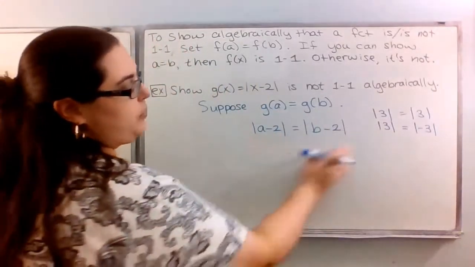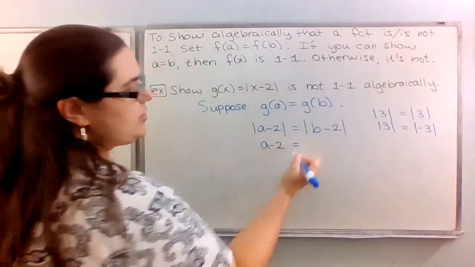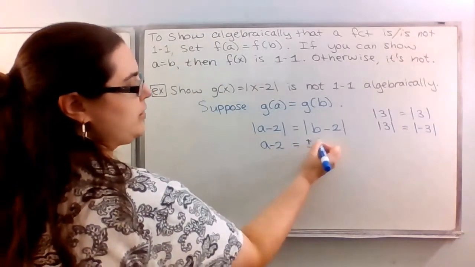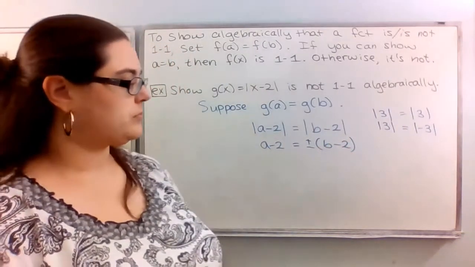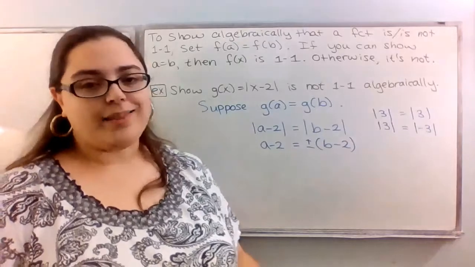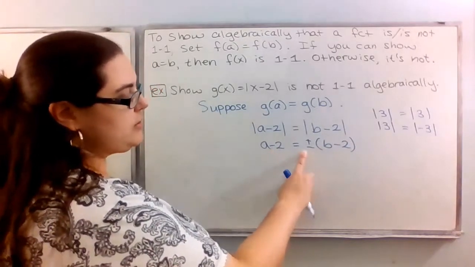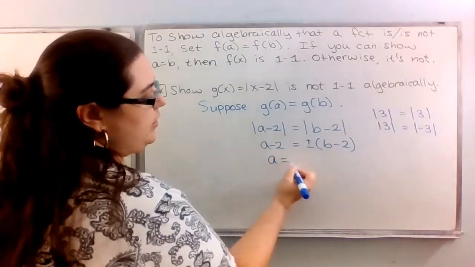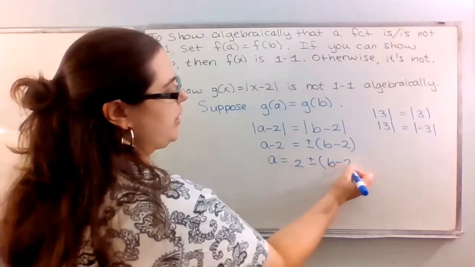So the way this is going to happen in this equation is I'm going to get a minus 2 is equal to plus or minus quantity b minus 2. And then we can go ahead and solve by adding 2 to both sides. So that will give me that a is 2 plus or minus the quantity b minus 2.